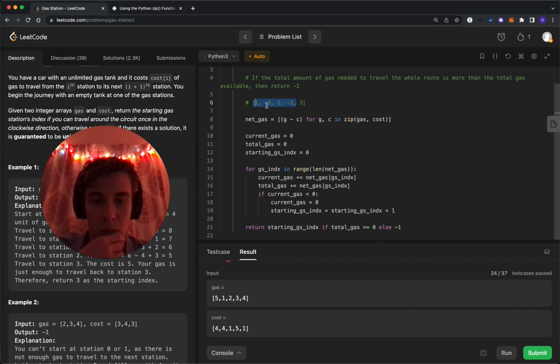Sorry, the length is 5, so it goes from 0 to 4. At point 4, this should have been reset to this. But why didn't this get reset?